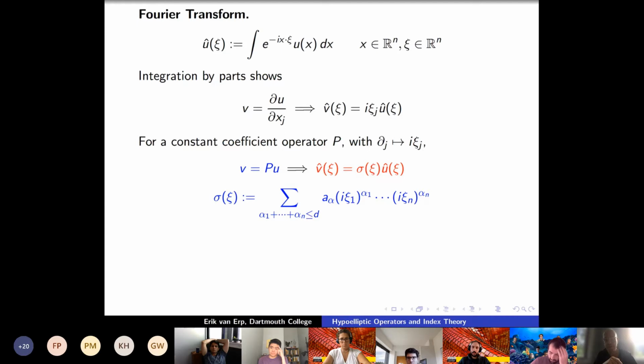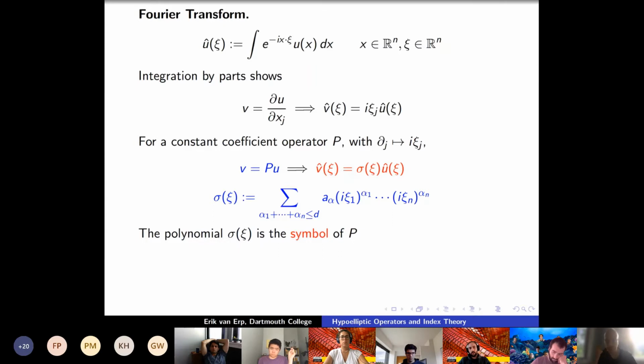So if V is obtained by applying a differential operator P to U, then the Fourier transform of V is obtained from the Fourier transform of U by multiplying by a polynomial. The polynomial is exactly the same polynomial that defines the operator, except that you replace every d/dx by i xi.